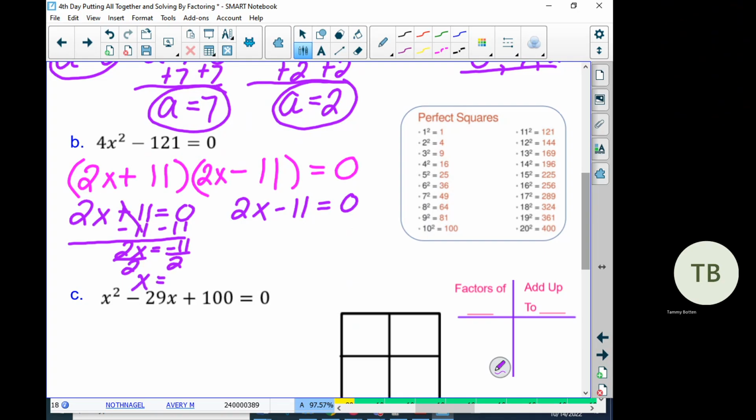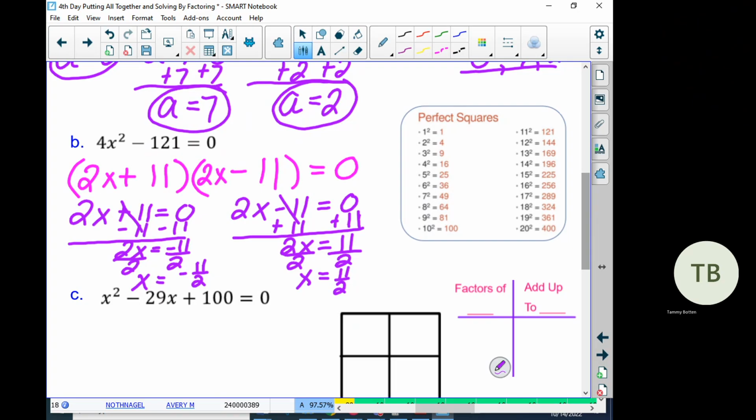And x would equal negative 11 halves, as long as 11 over 2 is a reduced fraction. Or if you divided that, it would be negative 5.5. Here I'd add 11, and I'd get 2x equals 11. And then if I divide by 2, x equals 11 halves, okay, which again is 5.5.